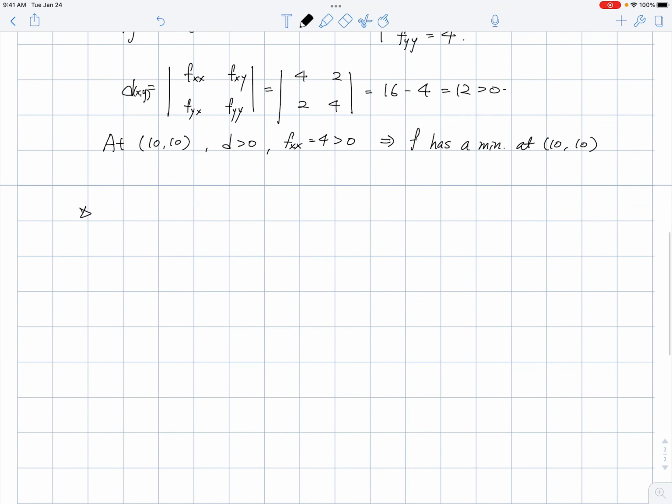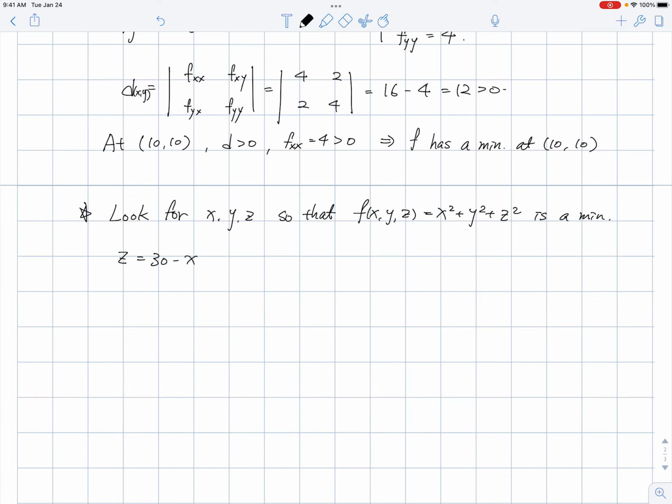Okay, but remember our goal is to look for x, y, z so that x squared plus y squared plus z squared is a minimum.